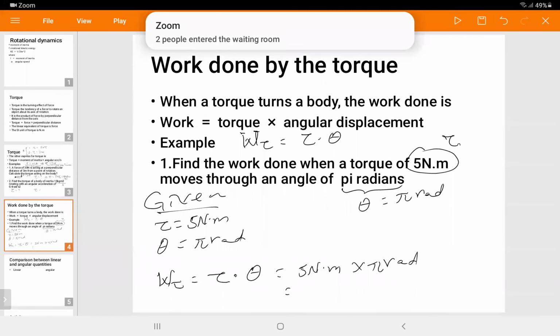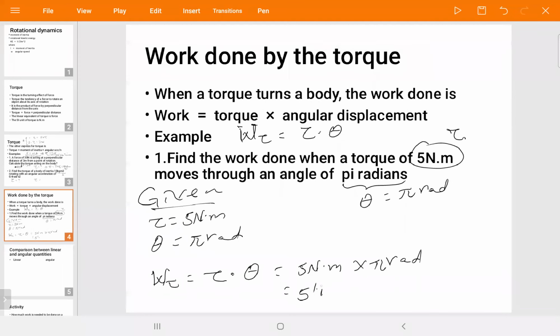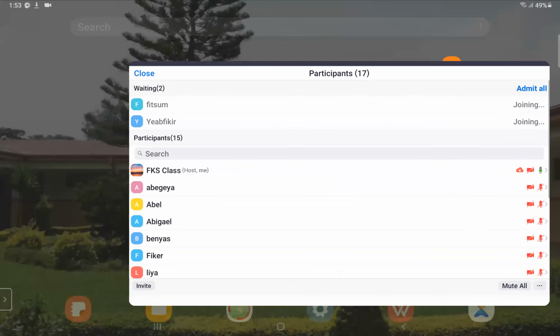The unit of work done, as you know, is joule, and it becomes simply 5 pi joule, or we can use 3.14 instead of pi, or 5 times 3.14 joule. We can leave pi as it is, or we can use the value of pi to be 3.14.